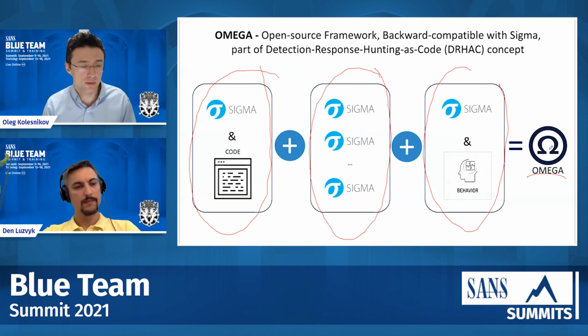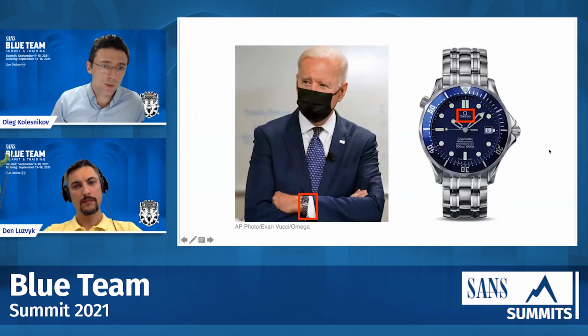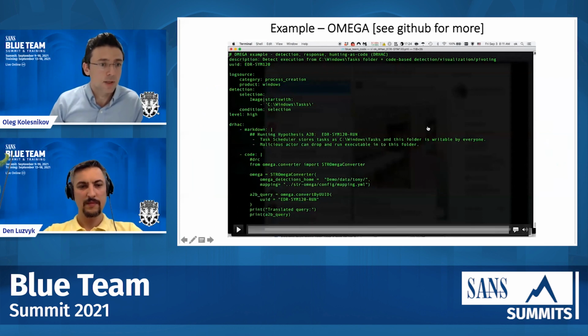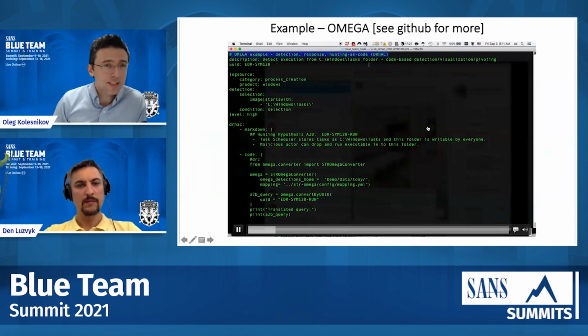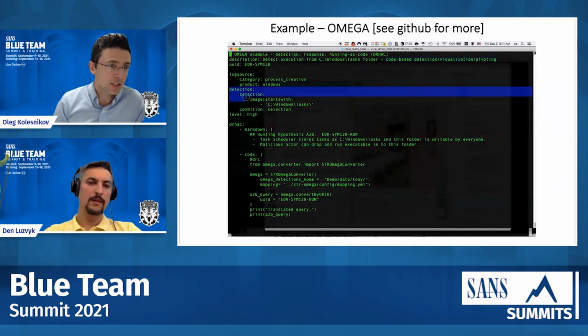But now let's talk a little bit about the details, right? And adoption as well. So we have some early adopters of Omega already, but essentially what it looks like under the hood, right? Let me just start this quick video for you. So you can see that it very much looks like Sigma. You have this top portion with the detection part.